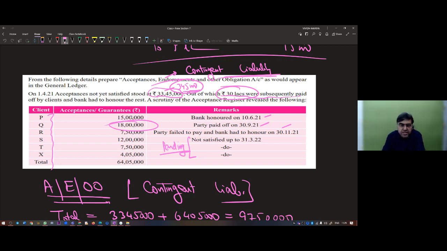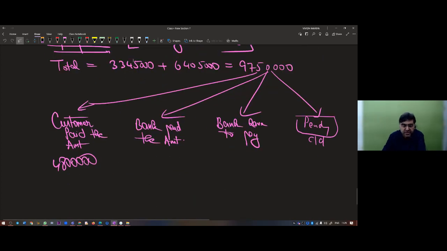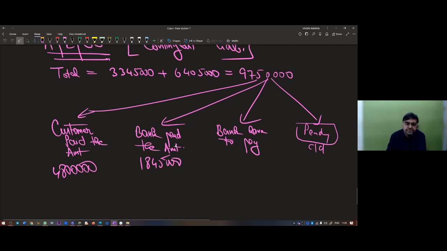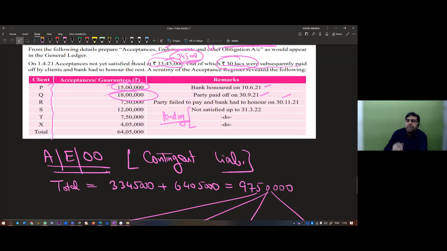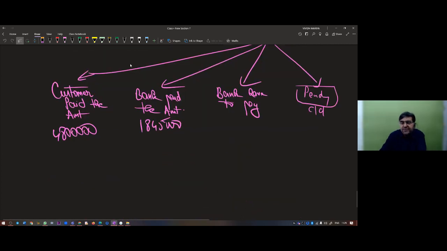Bank honored 15 lakhs. 15 plus 3, 18 lakhs 45,000. Bank had to pay. Customer failed to pay and bank had to pay 7 lakh 50,000.